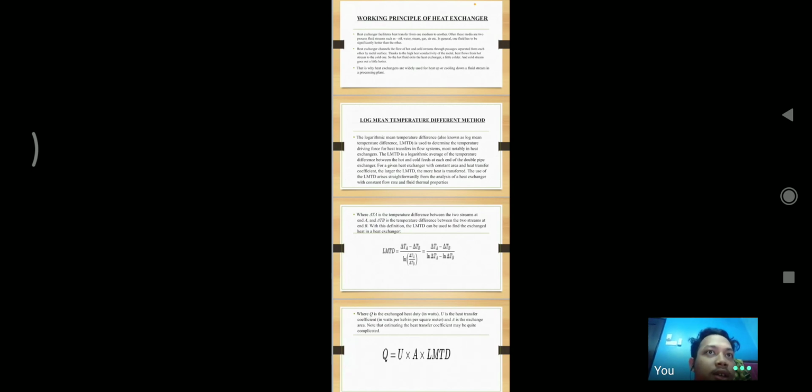For a given heat exchanger with constant area and heat transfer coefficient, the larger the LMTD, the more heat is transferred. The use of the LMTD arises straightforwardly from the analysis of a heat exchanger with constant flow rate and fluid thermal properties.